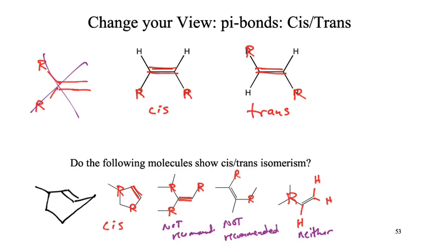It's the same thing, but it's trans, right? 1, 2, 3, 4, 5. I put too many carbons in, didn't I? It's not going to get any prettier. 1, 2, 3, 4, 5 carbons, 5 in a ring, pi bond, methyl. That's the trans version of that.